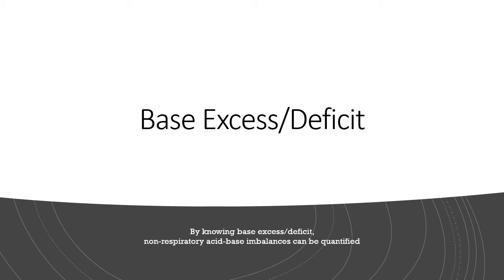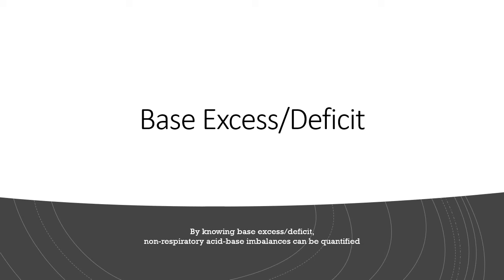Base excess or deficit. By knowing the base excess or deficit, the non-respiratory acid-base imbalances can be quantified. It's important to be able to do that with both the BE or base excess and the anion gap. We talked about anion gap.